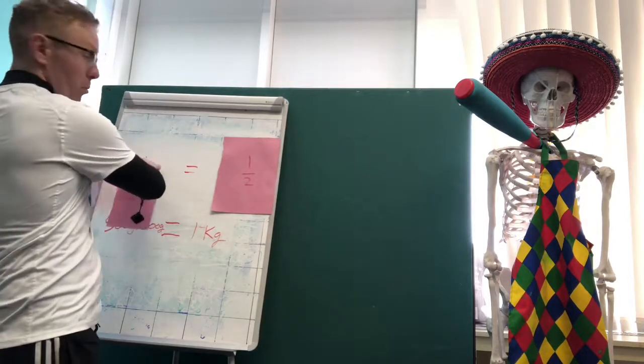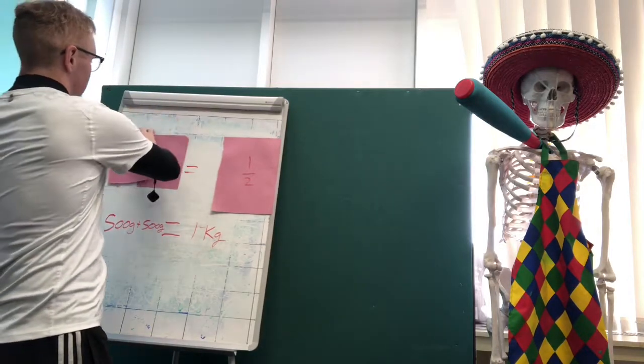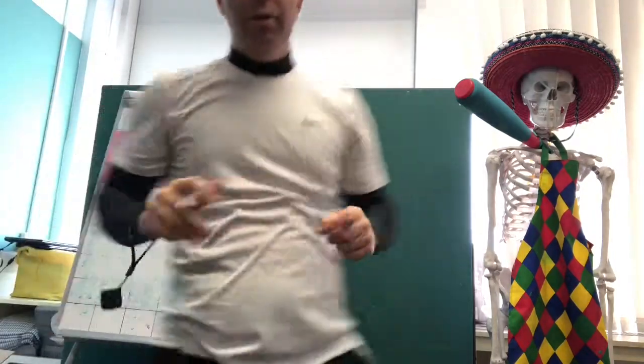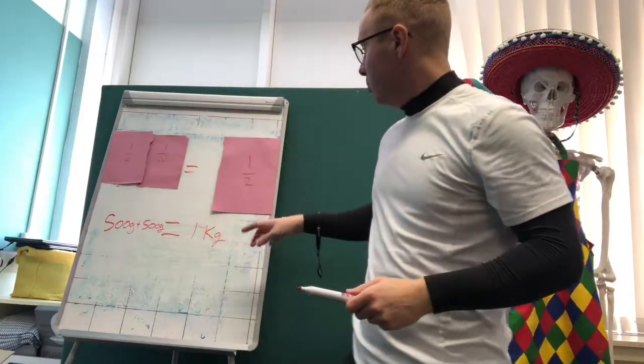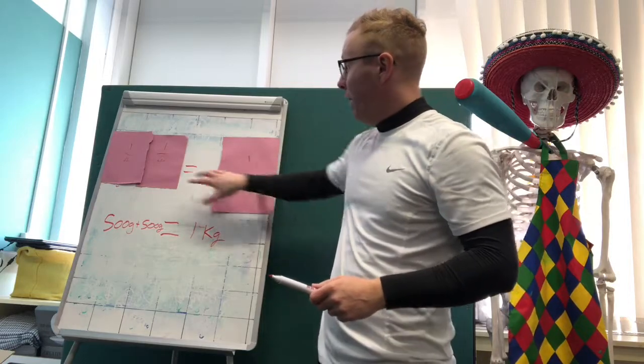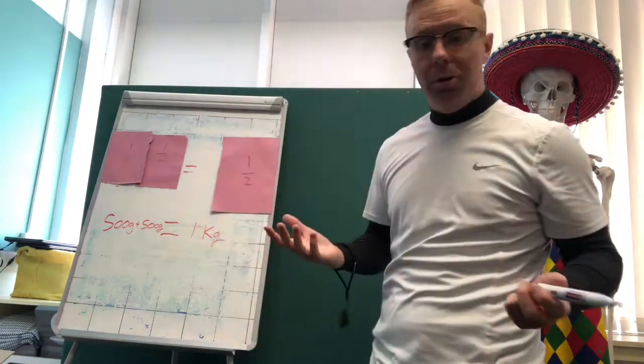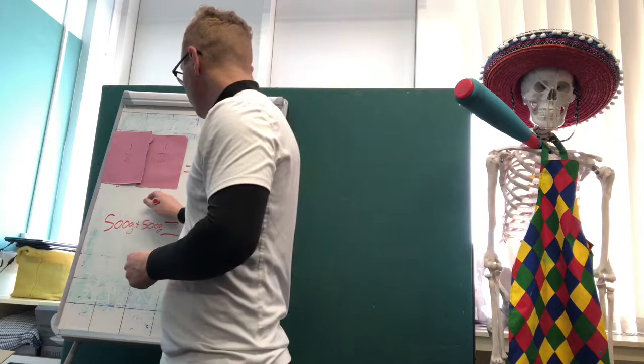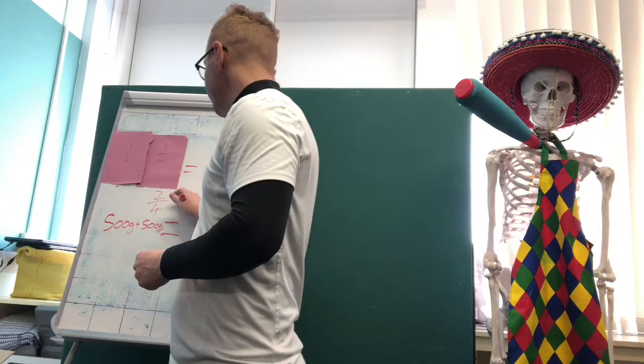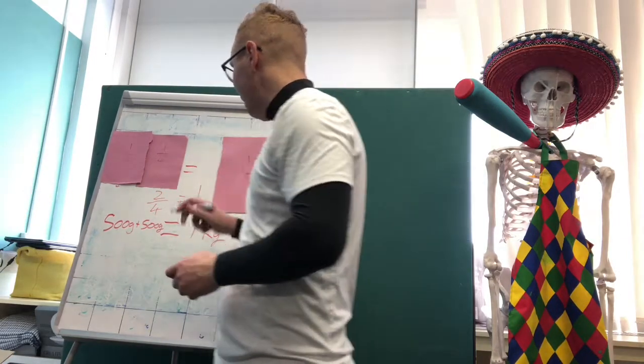Now I'm going to position that a wee bit better, I think. There we go. So you can see that I've got the same amount of paper on both sides. On this side, I've got 1 big half, but on this side, I've got 2 quarters. So I would write 2 quarters is equal to 1 half.